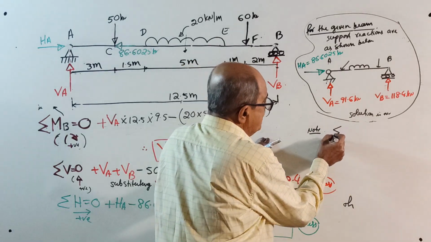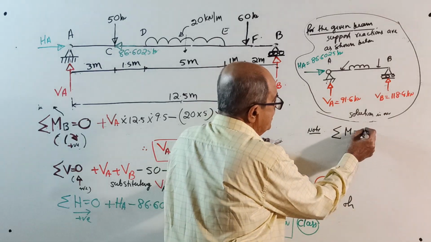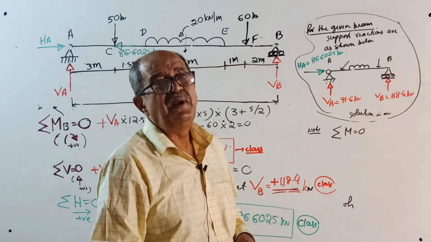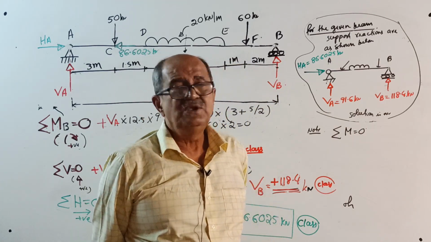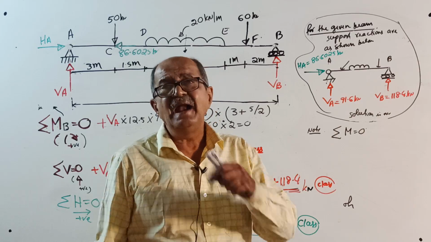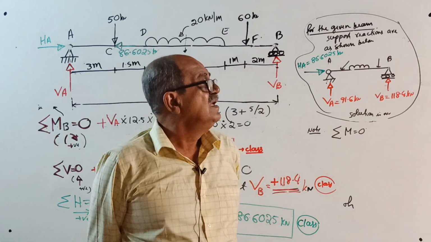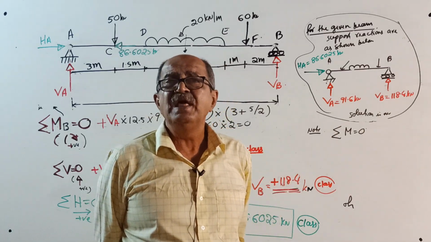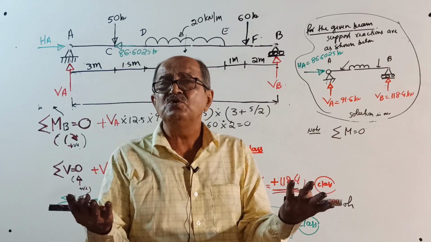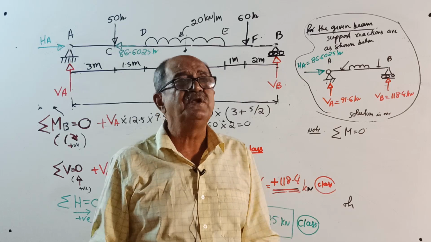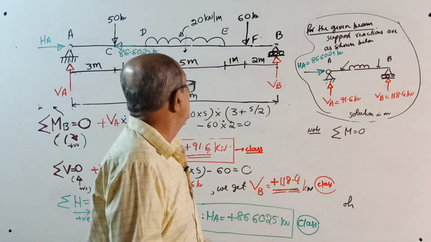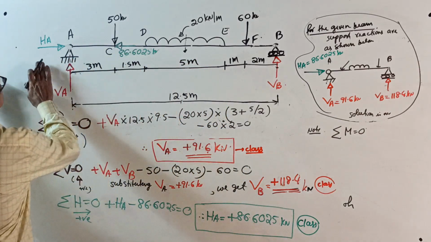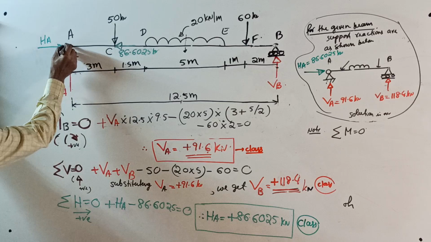When you apply sigma M equal to 0, he told us to take moment about that point where unknowns are there. You know the reason, because that unknown into 0. Suppose someone says, sir, I want to take moment about some other point. Take it, so what? Where do you want to take it? Sir, somewhere outside. Okay, how much outside?